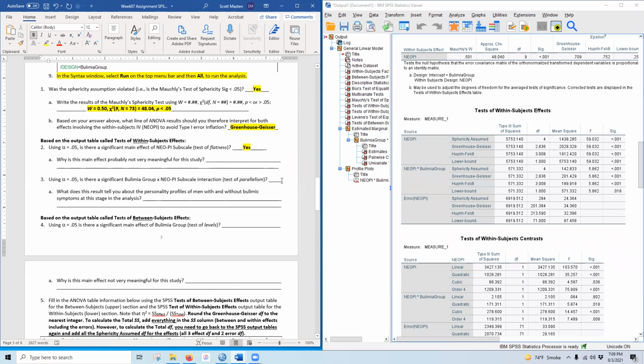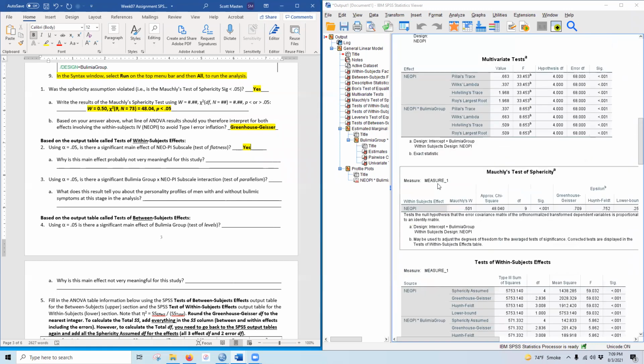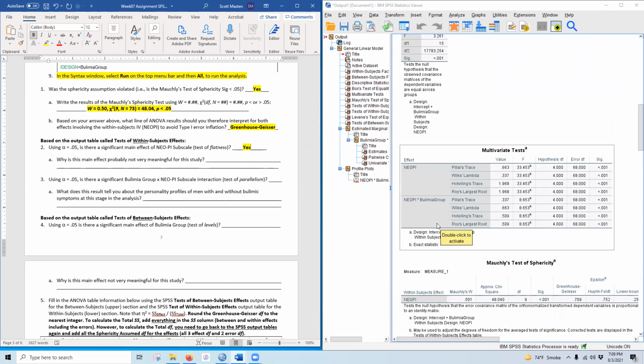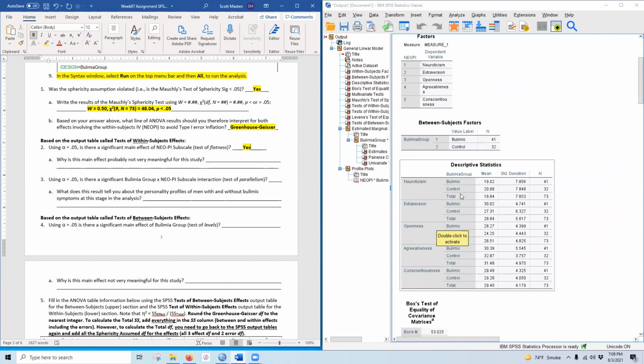Great question. So what is this main effect here? Let me show you what it's comparing. So note that you've got the mean of neuroticism for bulimic and control, and then you get this mean here that's overall. And you have that overall one, which is the average across both bulimic and non-bulimic teens for each of the subscales.